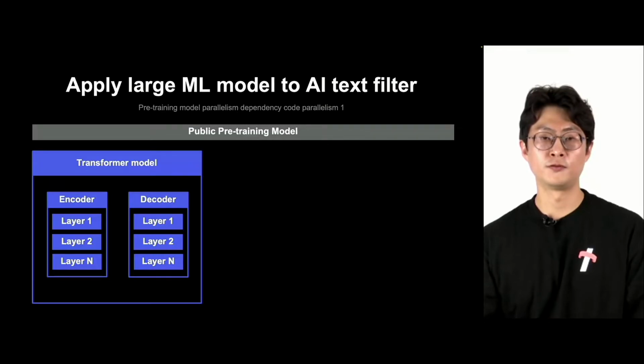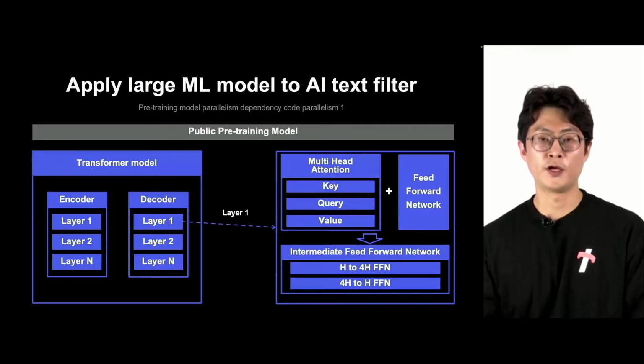So generally, the public pre-training model is analyzed, and we try to find the areas where we could apply parallelism. On the left-hand side, the general transformer structure is composed of an encoder and decoder, and for each layer, the logic is mostly the same. So at each layer, we extracted areas that we could parallelize.